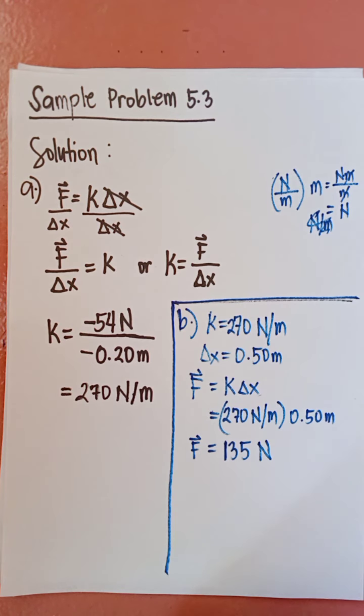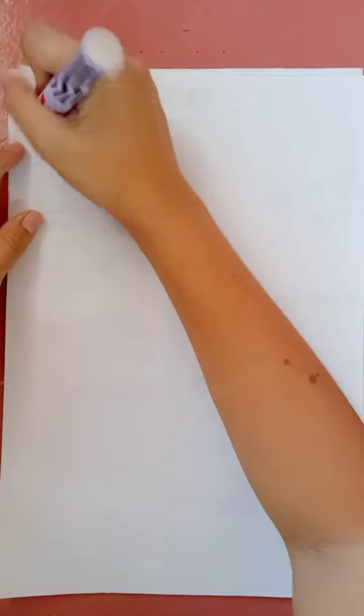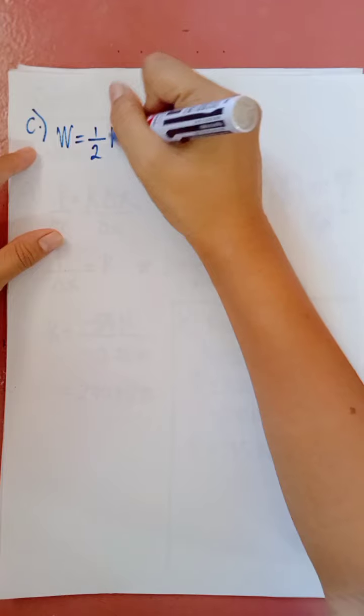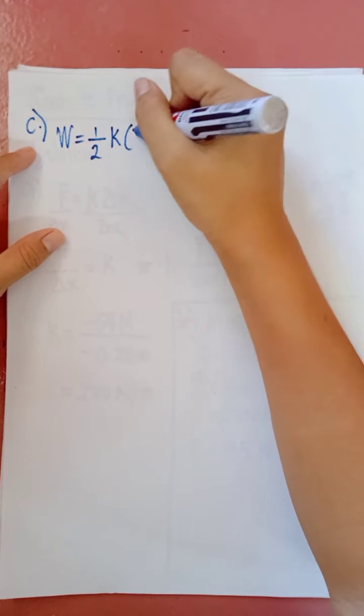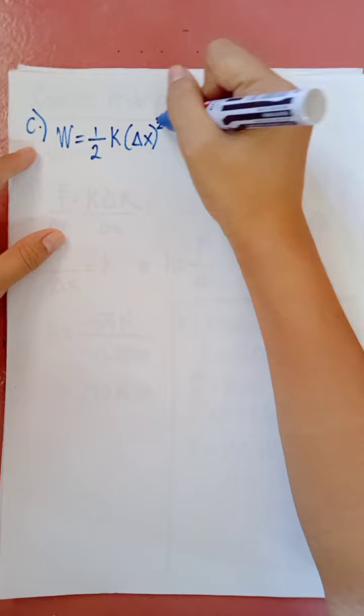For letter C, we need to find out the work done in compressing the spring by 0.5 meters. We are going to use equation 5.3. That is, work done equals one half K times delta X squared.